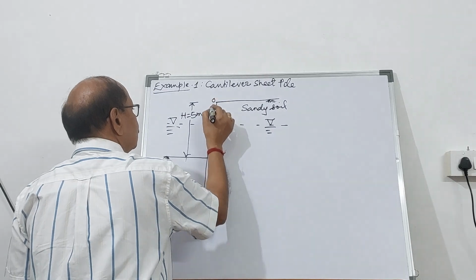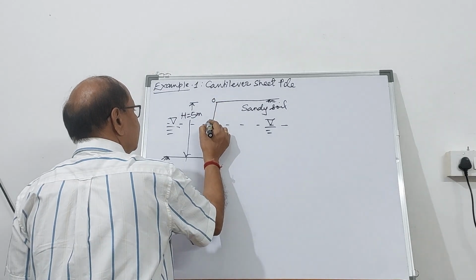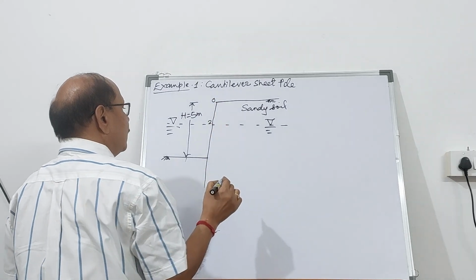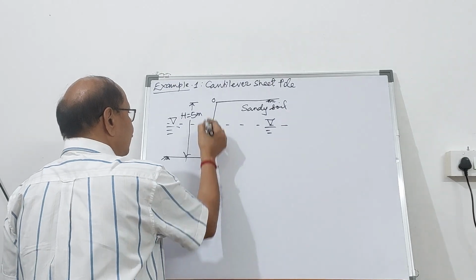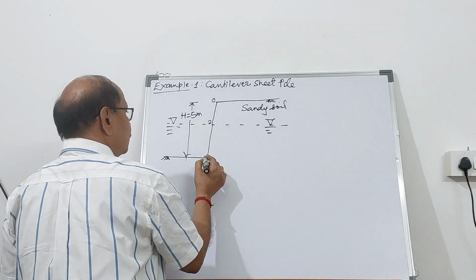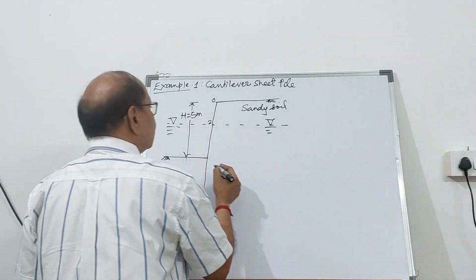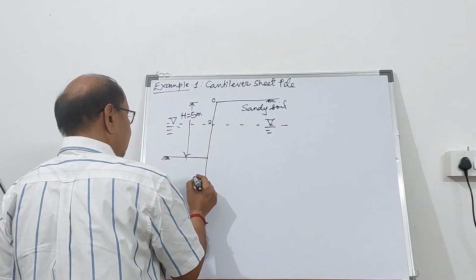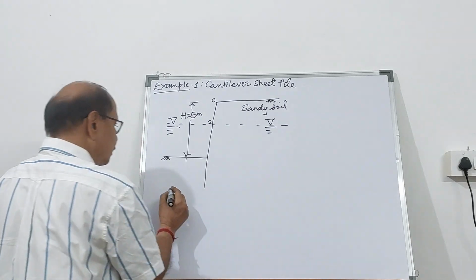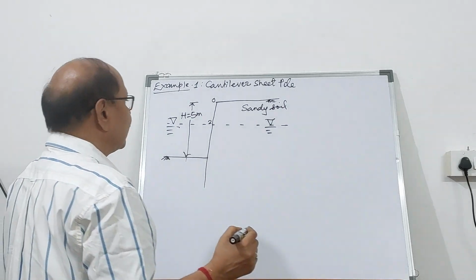So there is 0 meter, there is 2 meter, and total height is 5 meter. So here this becomes 3 meter. And the depth of embedment we need to calculate.